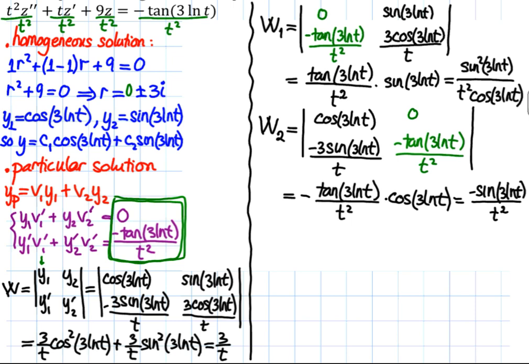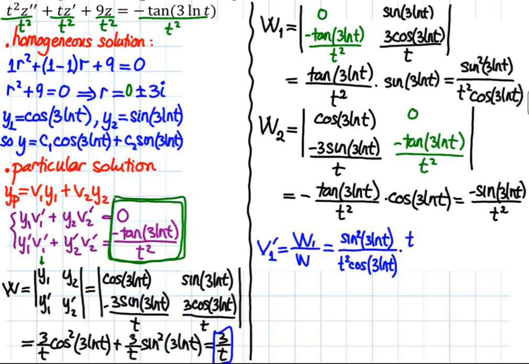Once we have W1 and W2, we can say v1 prime is W1 over W. W1 is sine squared of 3 ln t over t squared cosine of 3 ln t, divided by W. W is 3 over t, so we multiply by the reciprocal, t over 3, where we cancel one t.